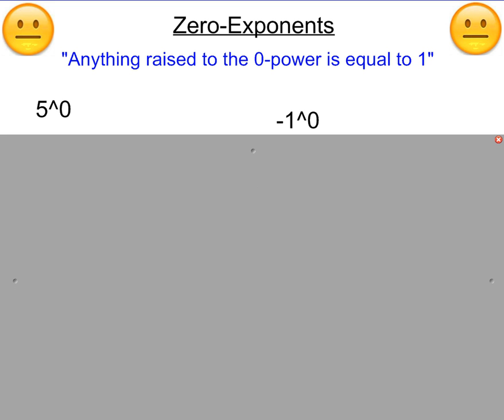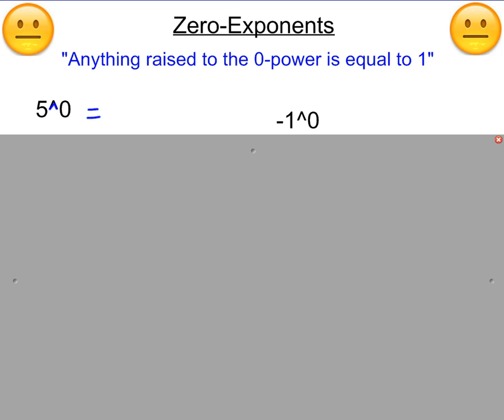So if you have 5 raised to the 0 power, and by the way, I'm using carets today, these little carets right here. That's another way you can see exponents, using that caret. The 0 isn't a small number, but if it has that caret, that means that's the exponent. So this is 5 raised to the 0 power.